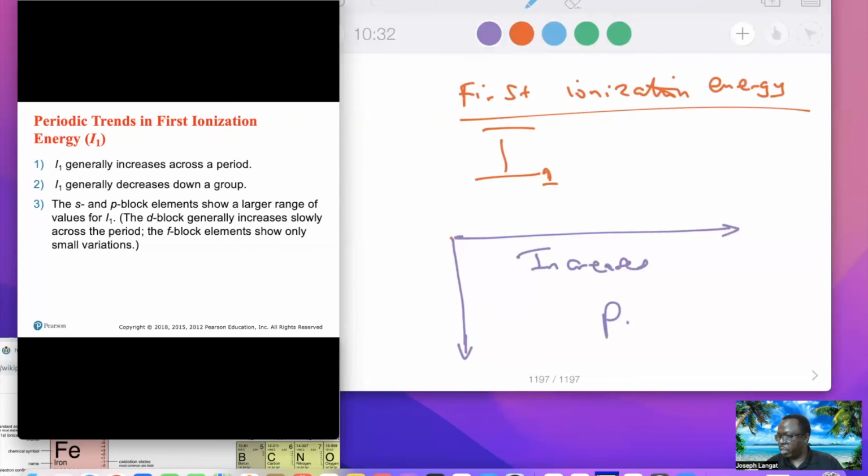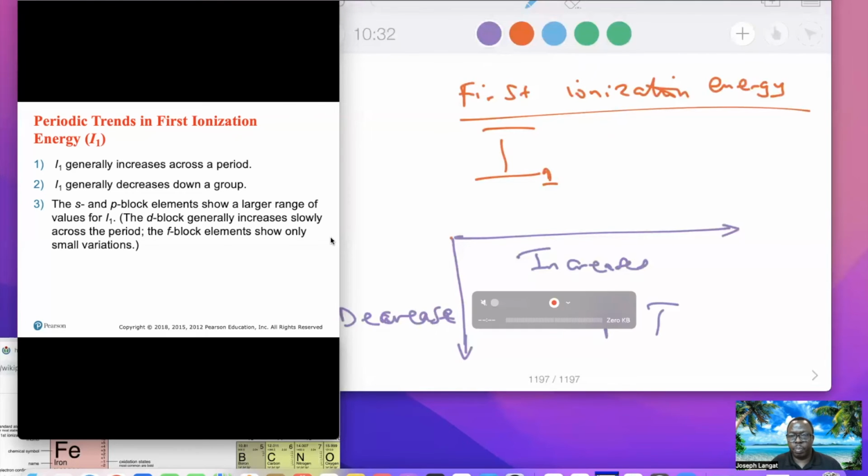This is the periodic table, assuming that we have the periodic table, and then decrease. I want you to understand this as your periodic table.